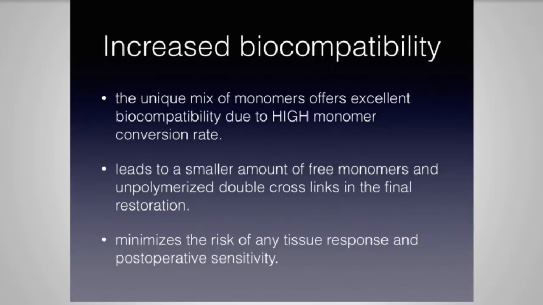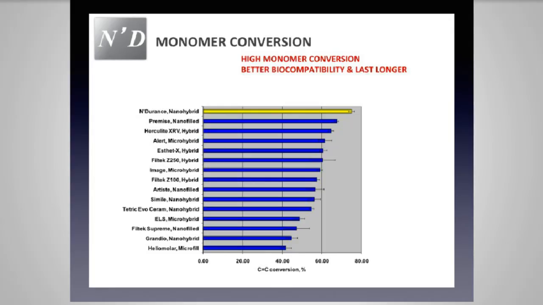Less free, unpolymerized monomer is available. It minimizes the risk of any tissue response, because you do get tissue response, unfortunately, with some of our materials. And if you can reduce that by tying up more and more of the monomers into polymers, that's going to make things very, very nice there. Very good conversion, as illustrated here in the chart.